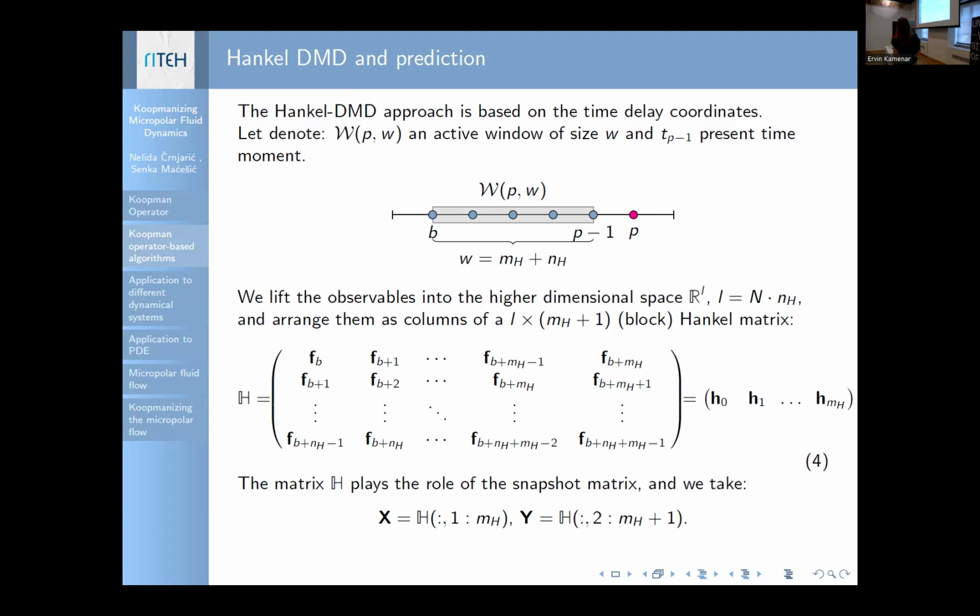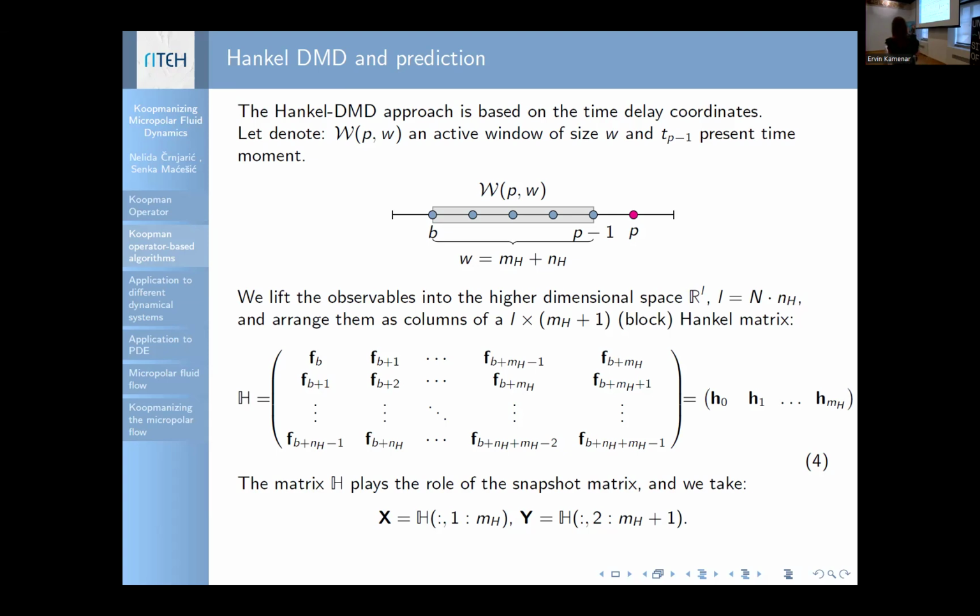Each column is followed by the column one step ahead, driven by the dynamics that we consider. So we obtain the matrix H, and now this matrix can play the role of the snapshot matrix that we described before. For X, we take the first M_H columns, and for Y, the last M_H columns.